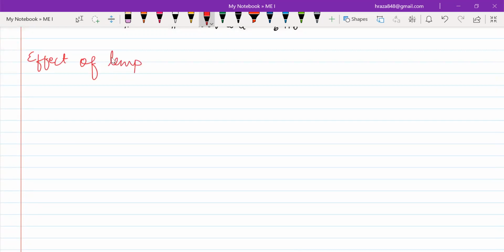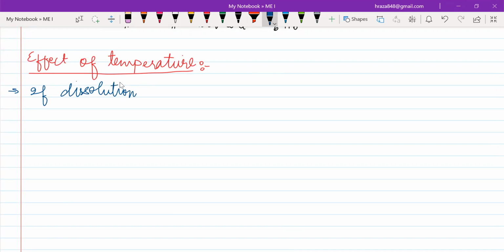Now if you are going to dissolve a solute in a solvent, you have to see whether the process is exothermic or endothermic, and accordingly, I will tell you what will be the effect. So the first is if the dissolution process, that means you are dissolving solute into solvent, is exothermic.